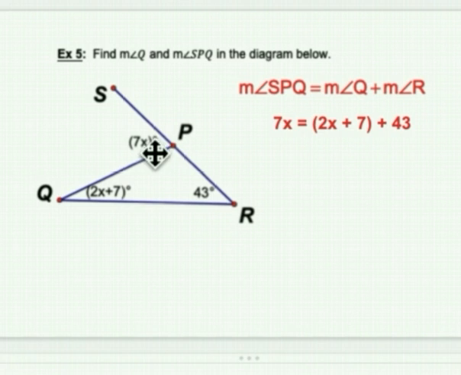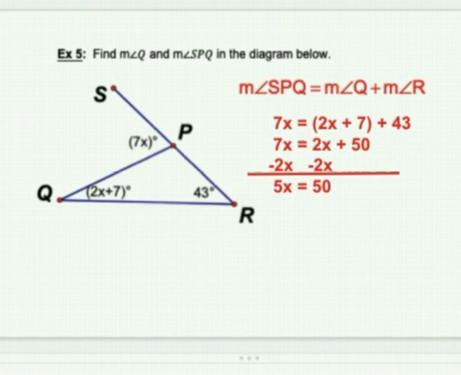And we obtain this equation, 7x degrees equals 2x plus 7 degrees plus 43 degrees. Combining like terms on the right side, 7 plus 43 is 50, and I get 7x equals 2x plus 50. When we subtract 2x from each side of the equation, we get the equation 5x equals 50. Dividing each side by 5, we get that x equals 10.